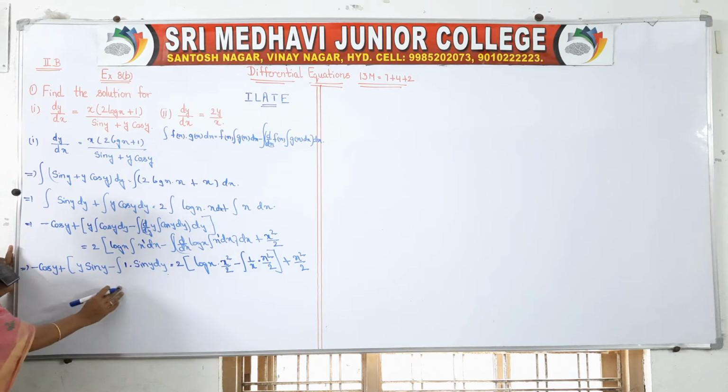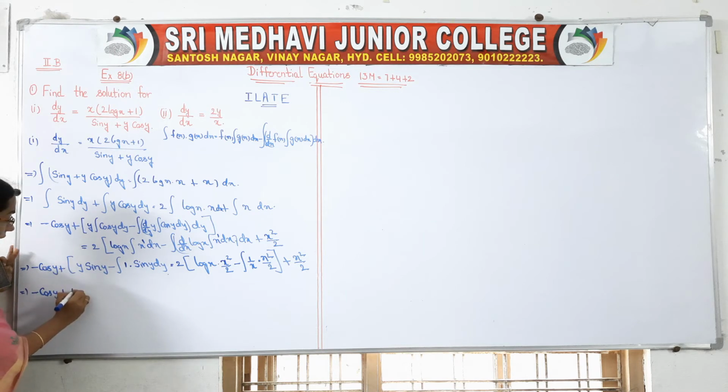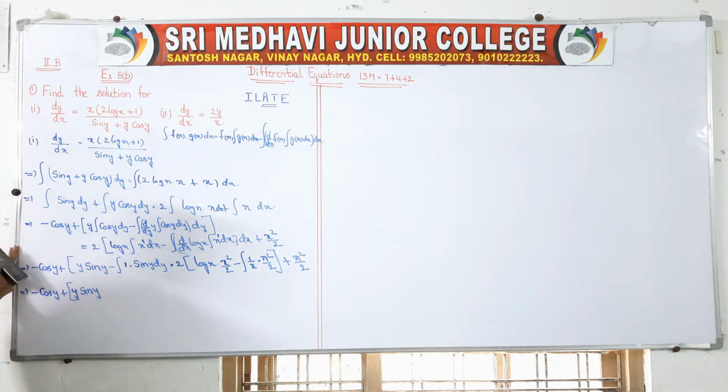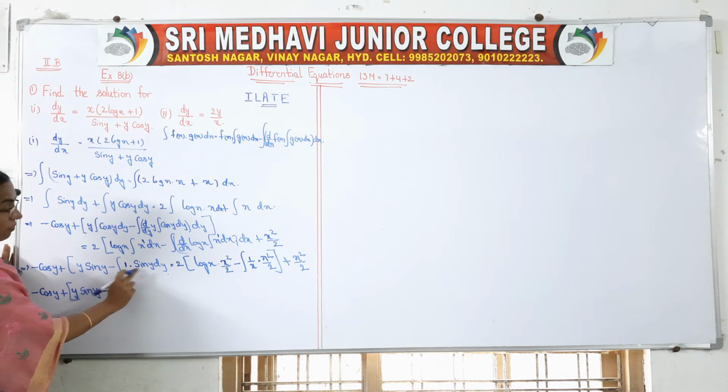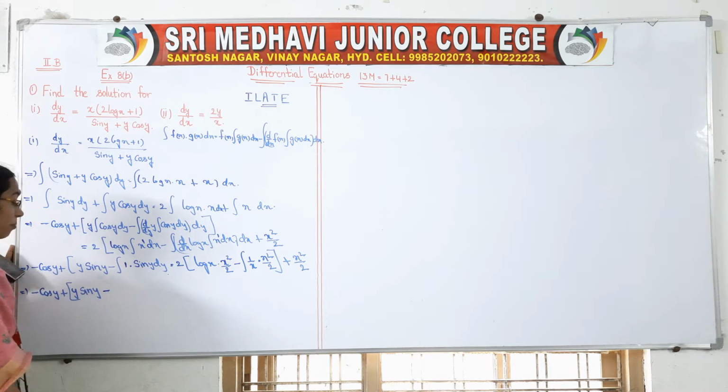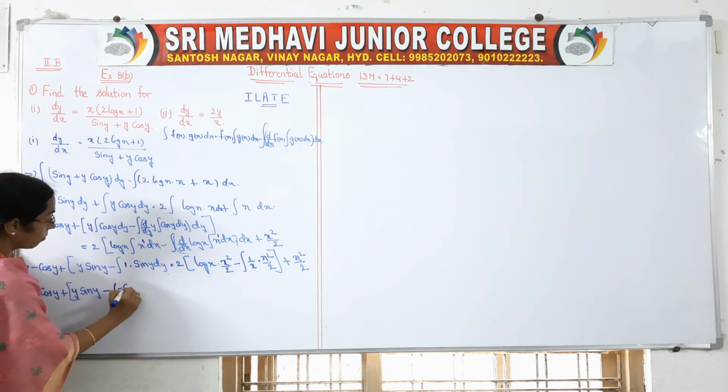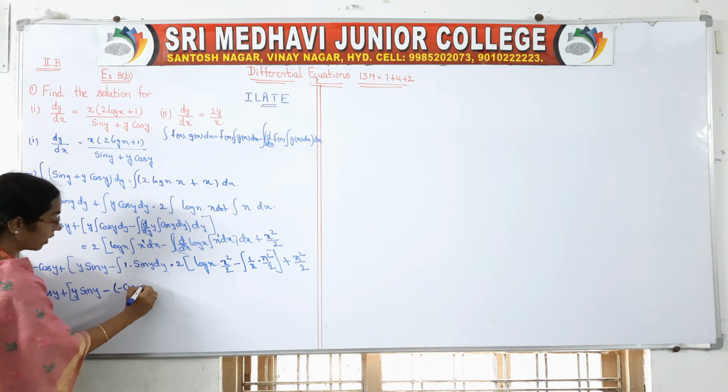Okay, so next implies minus cos y plus, open the brackets, y sin y. Otherwise next step also you can open the brackets, minus, and integral sin y, 1 into sin y is sin y, integral sin y dy is minus cos y, so minus cos y.